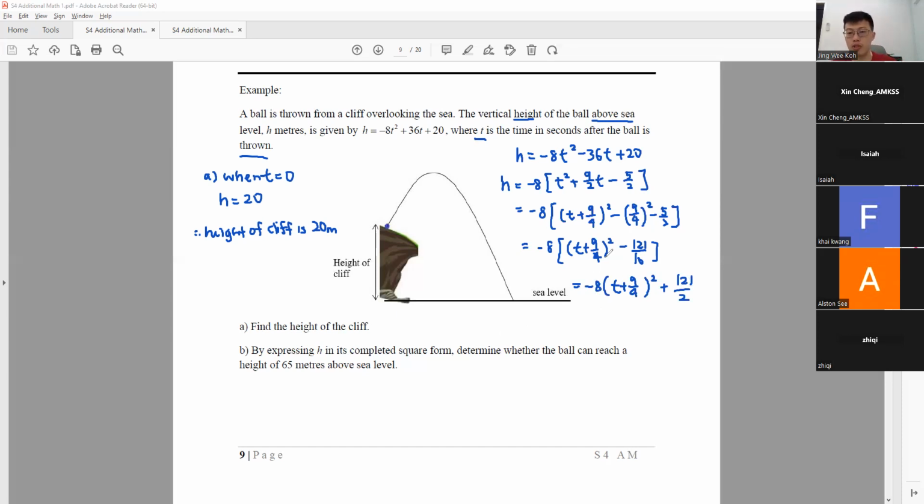So what is the purpose of completing the square? First identify this negative 8t square means it's a set phase graph. So I'm talking about the maximum point. So the maximum point is negative. Wait, salah. Oh, I copied the question wrongly. This is plus.